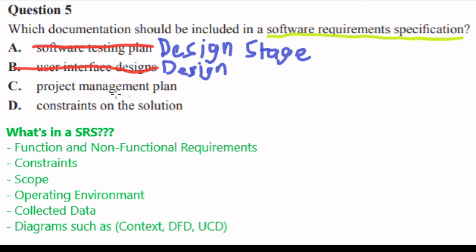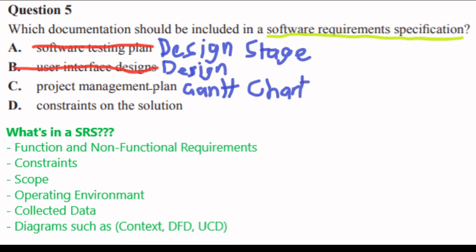Next one is our project management plan. So you can think of these as your Gantt chart. So when you see a project management plan for software development VCE, think of that as your Gantt chart, which was done right before our analysis stage.